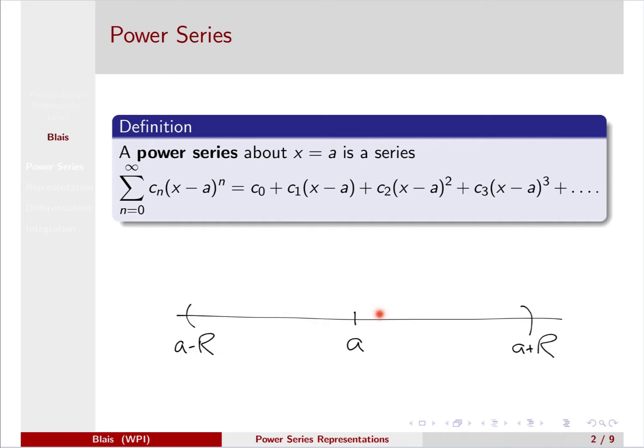It will converge absolutely inside the interior of this interval, and then anything can happen at the endpoints. So the key thing to recognize for this lecture is that you have some interval of convergence. It could be just a. You could have a positive and finite radius r, or you could have an infinite radius of convergence r, in which case the interval of convergence is the entire real line.